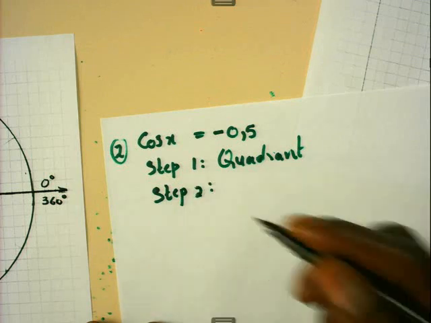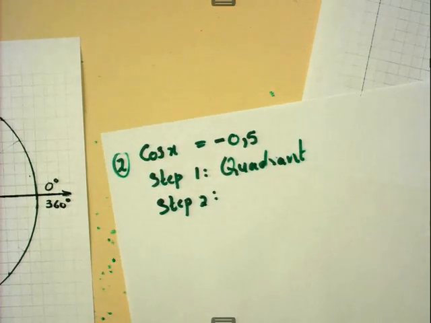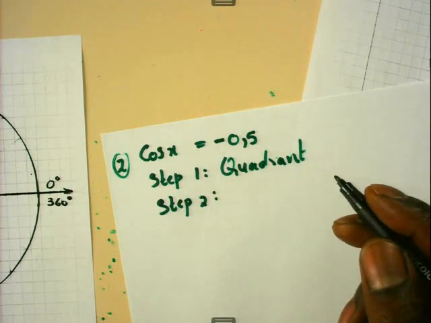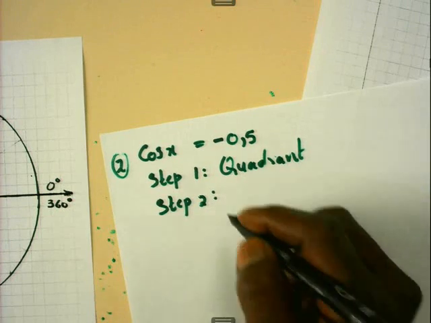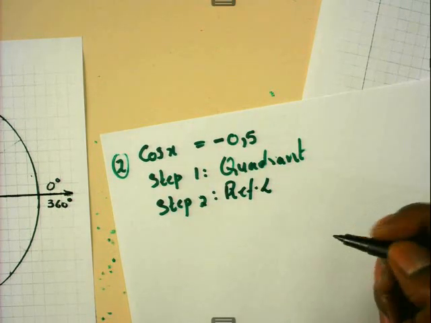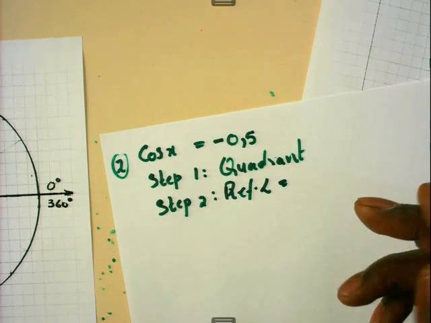Step 2, we've got our quadrant. Now we find the reference angle. Step 2 is I'm going to write reference angle. And remember, how do we find the reference angle?